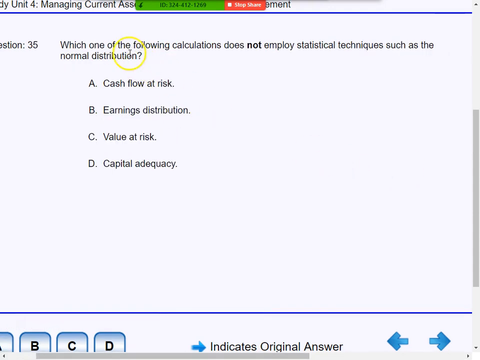Question 35. Which of the following calculations does not employ statistical techniques such as normal distribution? I told you normal distribution or value at risk is used for cash flows, for earning distributions, for net present values. So the value at risk model is applicable on A, on B, on C as well.